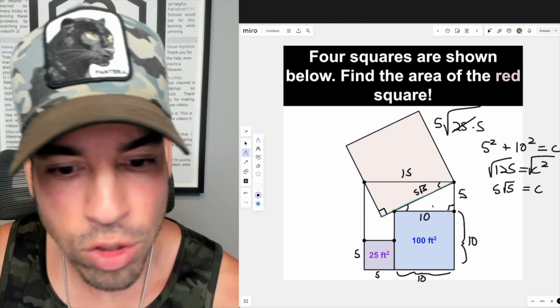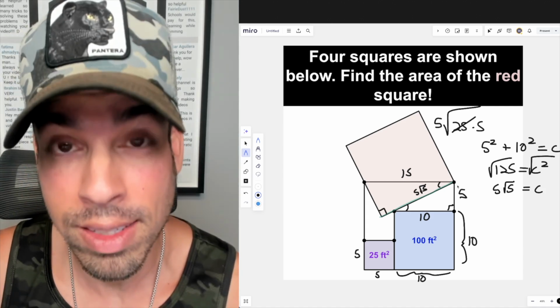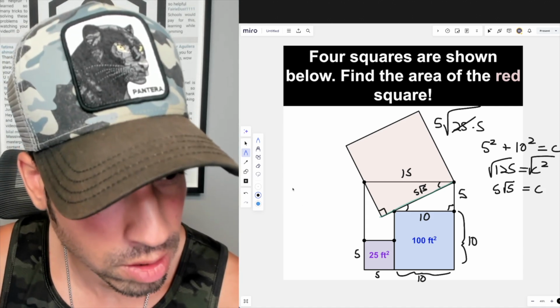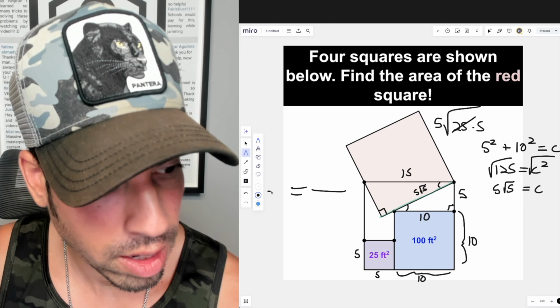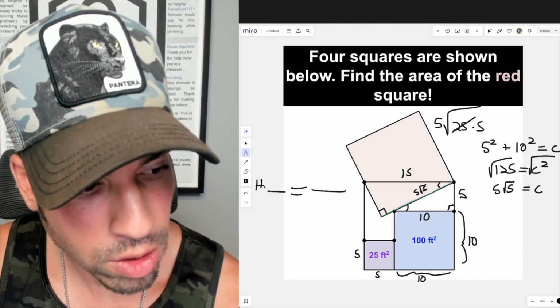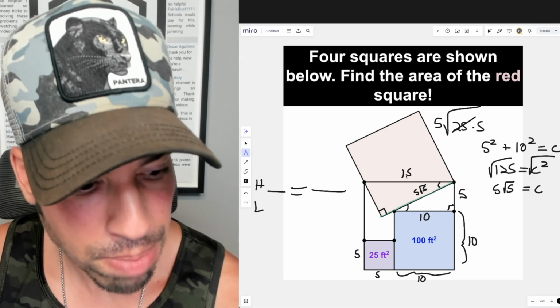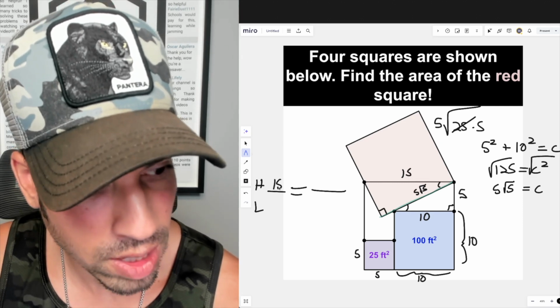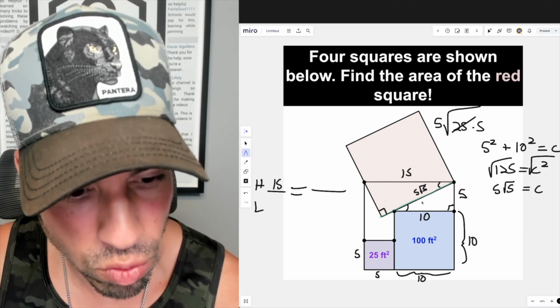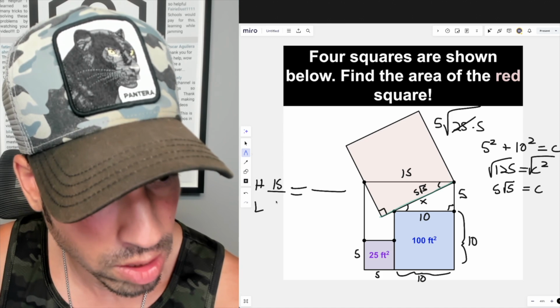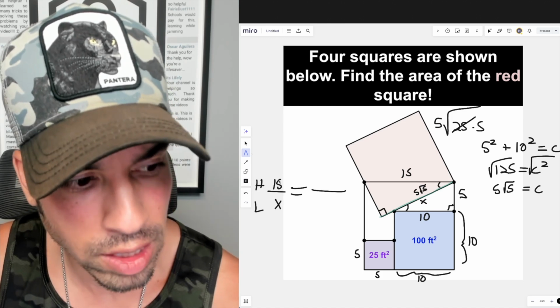Since I know that these 2 triangles are similar, I can set up a proportion. Check this out, right? We'll do hypotenuse to leg. I know that the hypotenuse of this big triangle is 15, and the leg that we're trying to figure out in green here, I'm going to call x. So hypotenuse to leg is 15 over x.